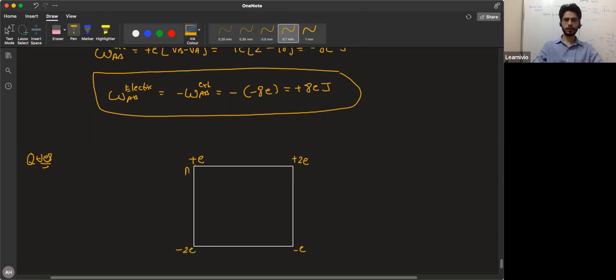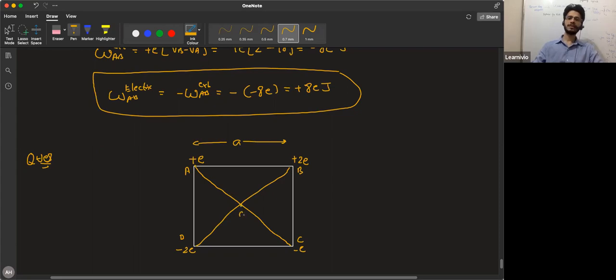The name of this point is A, this point is B, this is C, and this is D. Each side of the square is A.